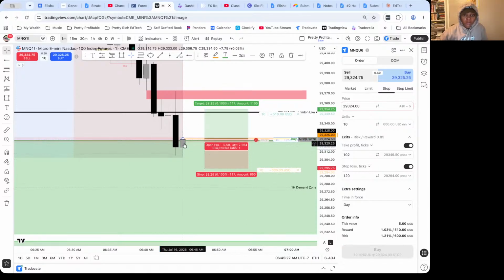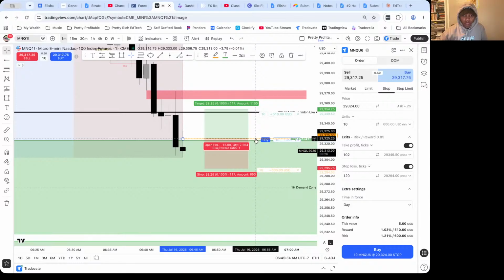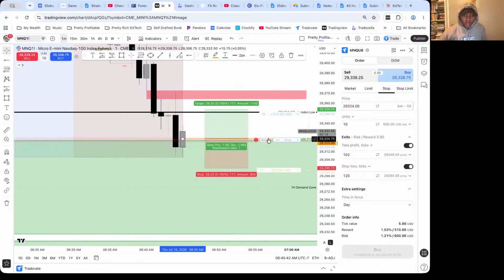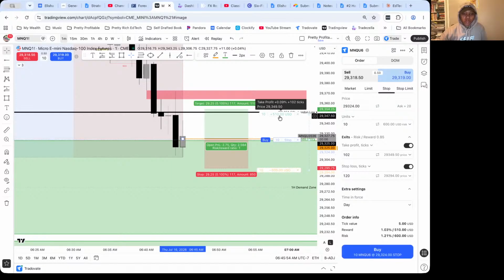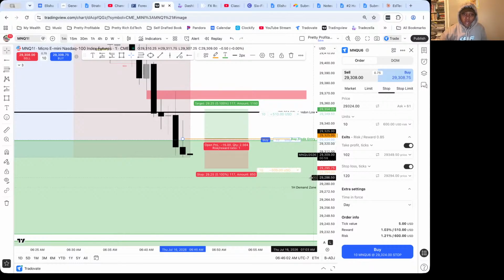So we want this to be a rejection candle, then the following candle. Got a long wick.